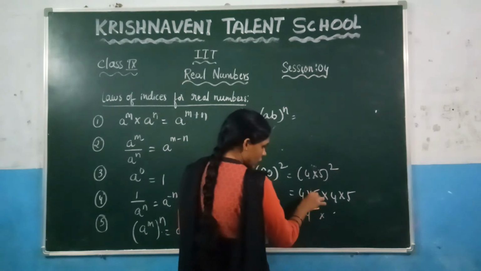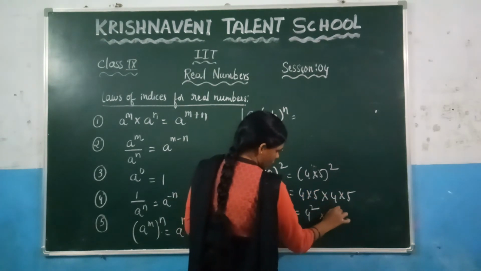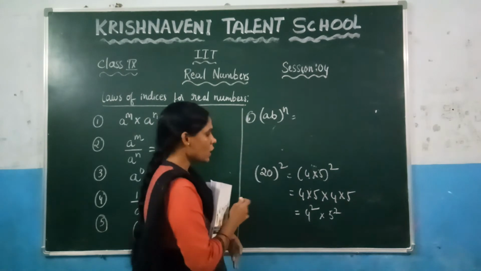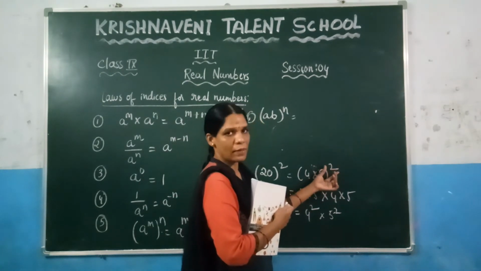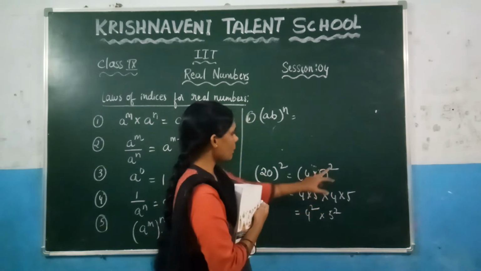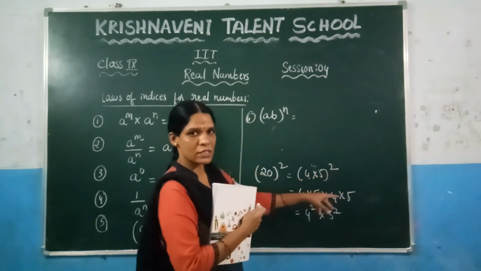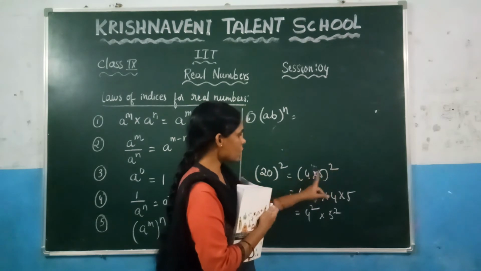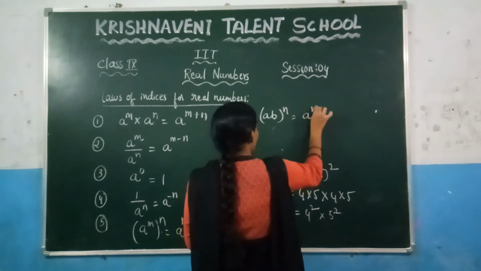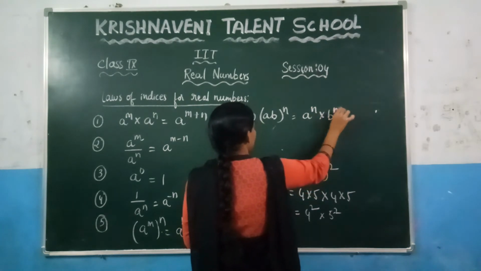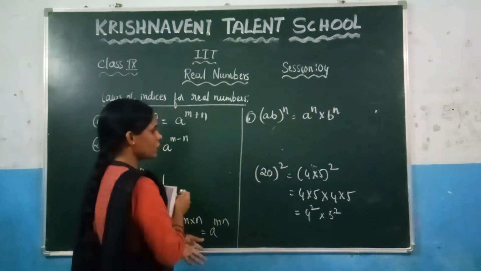And similarly how many times we have written 5, which is 5^2. So here you can observe that it is in the form of (ab)^n. So we can write this one as a^n into b^n. Just this square, this power is applicable to both of these numbers. So the formula will be a^n into b^n. So like this you can find it here.